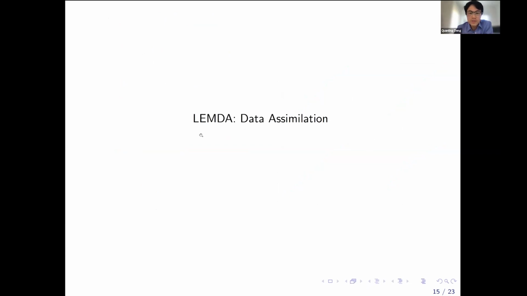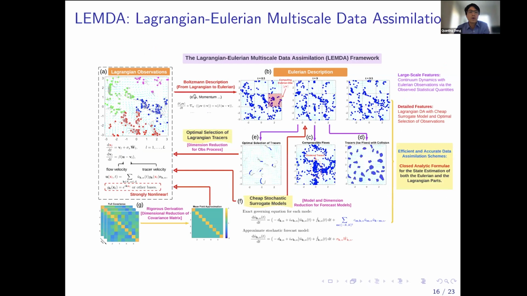And then based on that, we look into the data assimilation. So what is going on here? We basically need two data assimilation tools, one for the particle and another for the Eulerian equation. For the large scale features, the Eulerian parts, we use the continuum dynamics with Eulerian observations. We observe the statistical quantities, say in each cell, some averaged information.